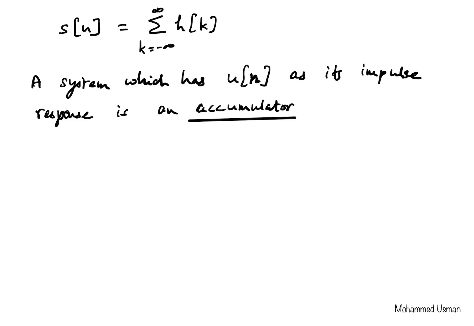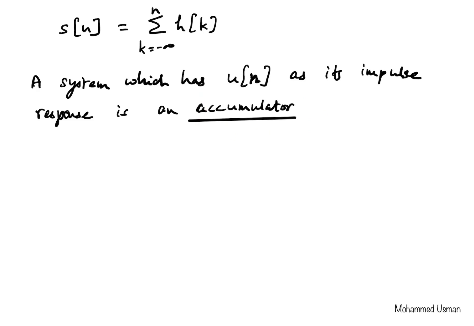Okay, I need to make a correction here. This is up to n. This is an accumulator till the nth sample. So s of 5 will be all the terms up to h of 5 added together, and s of 10 will be all the terms up to h of 10 added together. That's what we call an accumulator.